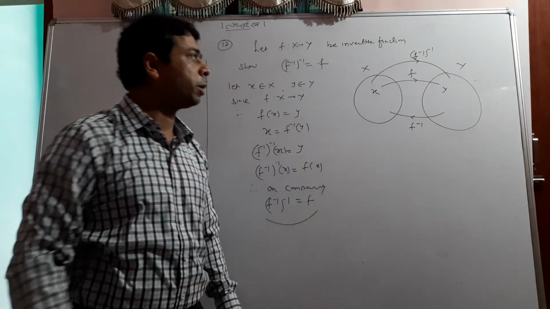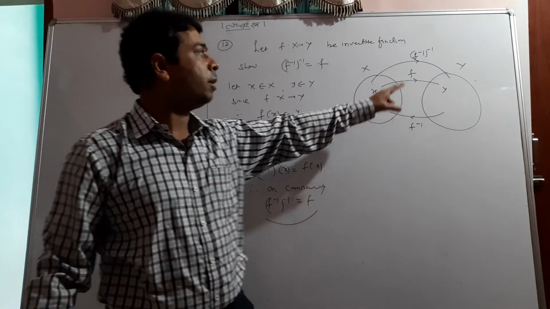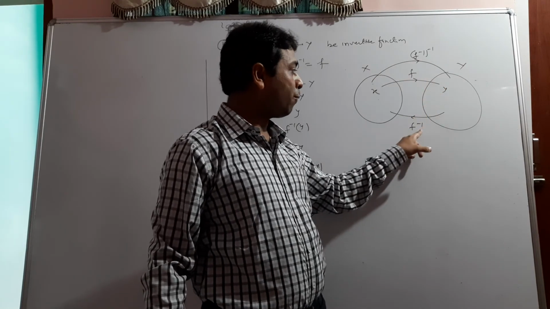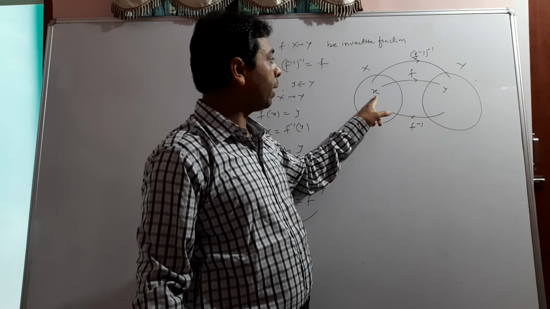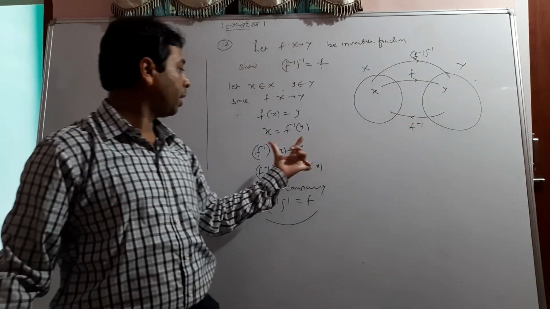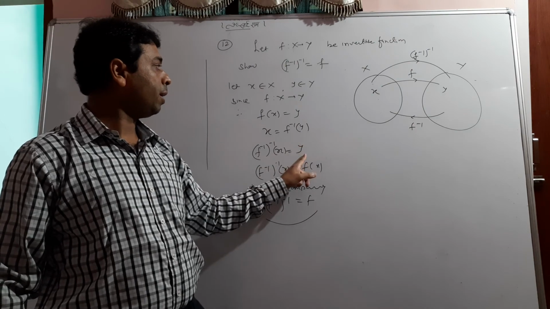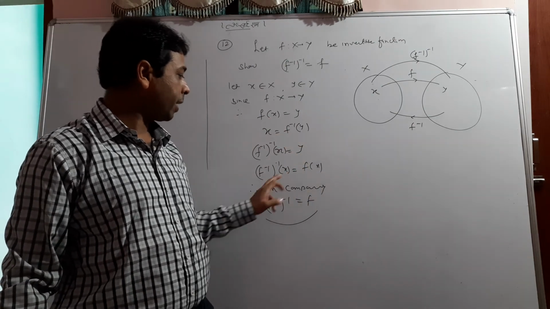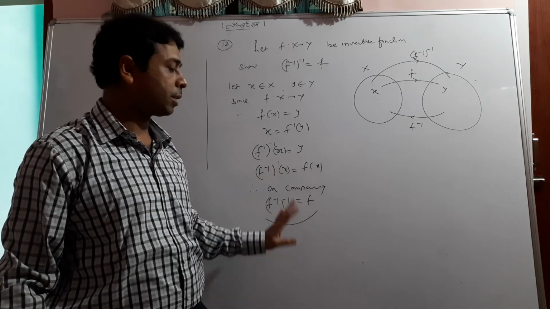So this is a simple and fundamental method by which you can understand. This was f, operates on x, gives you y. This is f inverse, operates on y, gives you x. This is the inverse of inverse, operates on x, gives you y. Same I had written here. Instead of y, I put the value f of x. I simply compare x and x. I get f inverse inverse equal to f, and this is an answer.